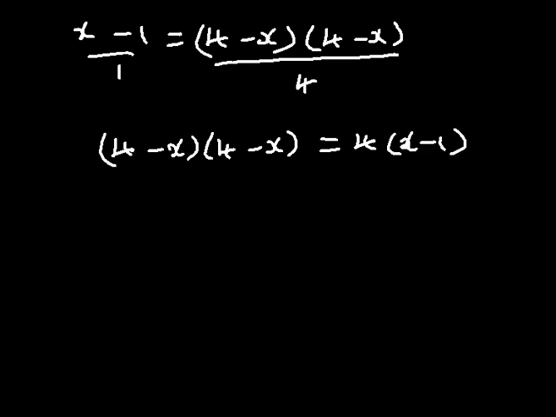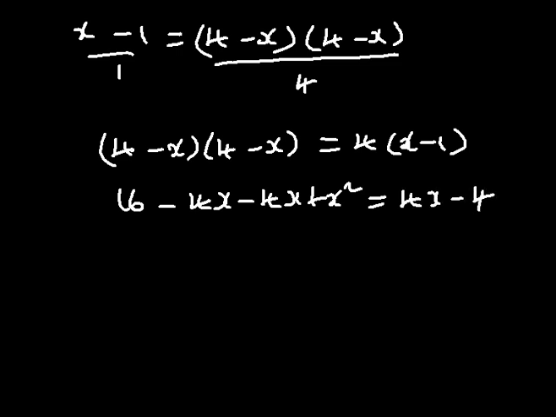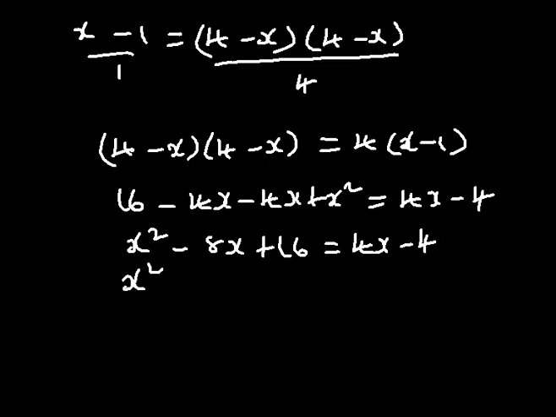So we expand here: 4 times 4 is 16, and 4 times negative x is negative 4x, and also negative 4x here, plus x squared, which is equal to 4x minus 4. Then we collect the like terms together, so we have x squared minus 8x plus 16, which is equal to 4x minus 4.